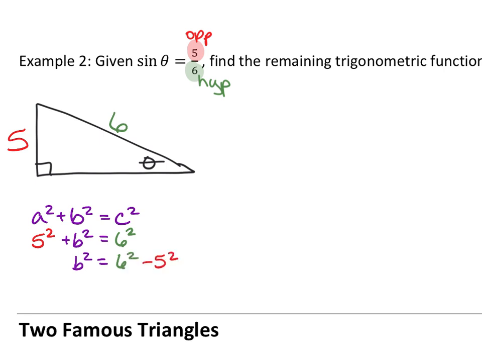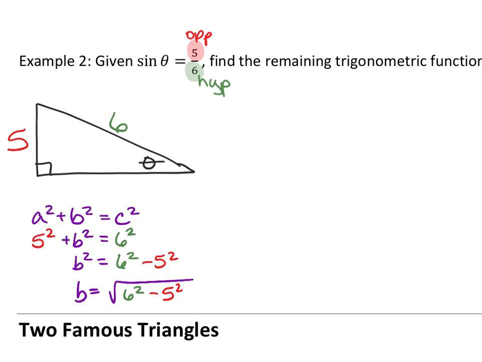And then do what to get b by itself? Square root. I jumped on the last problem straight to this point, which if you know you have one side and a hypotenuse, you can just do this. I don't need to see you deriving Pythagorean theorem, but if you don't know which ones you're doing, you don't know if you add or subtract, just go ahead and use Pythagorean theorem.